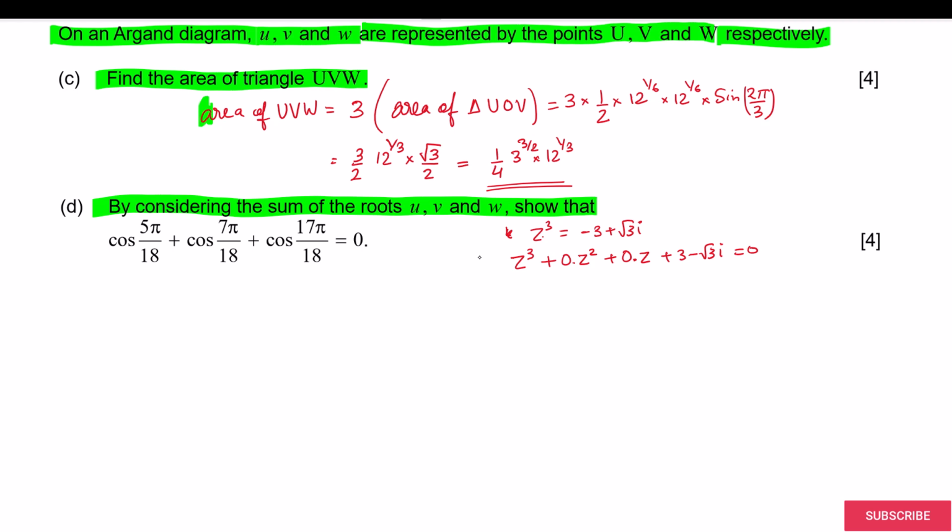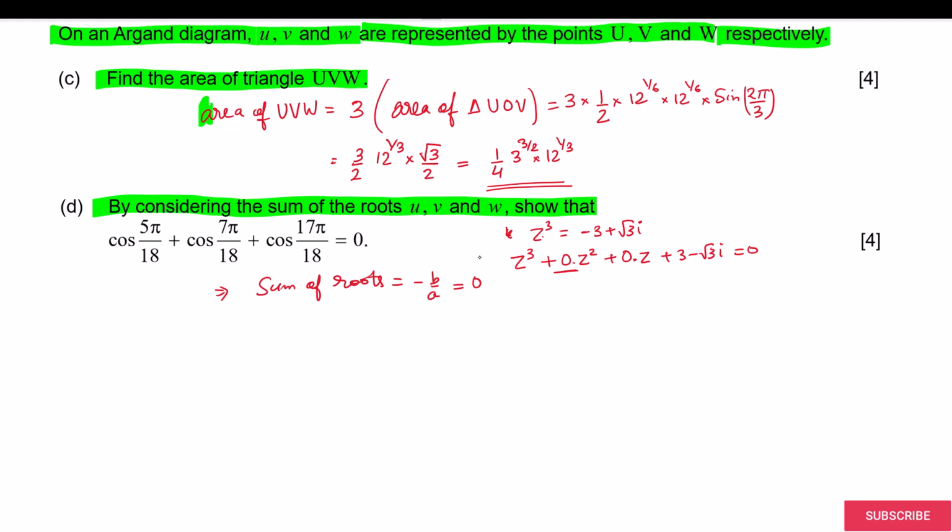Now the roots are u, v and w, so we know the sum of roots is minus b over a, and here b is 0, so this becomes 0.